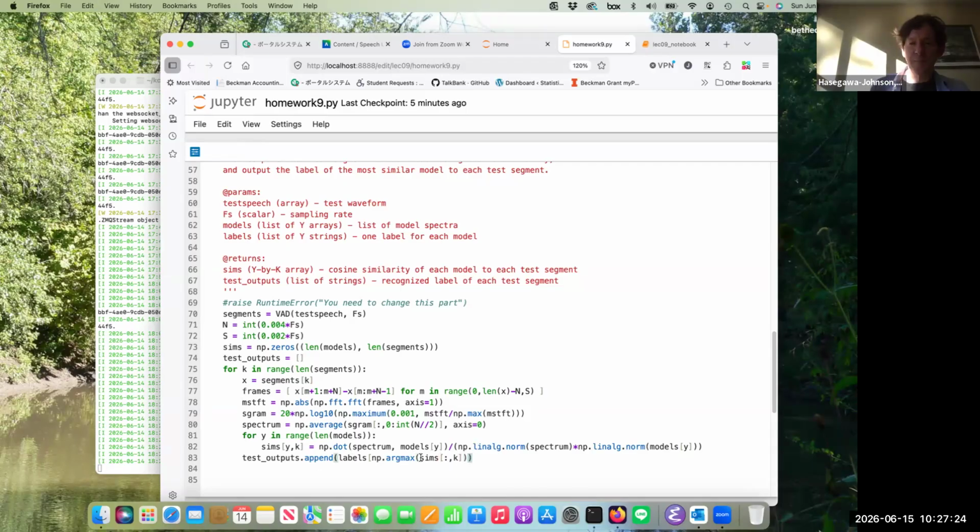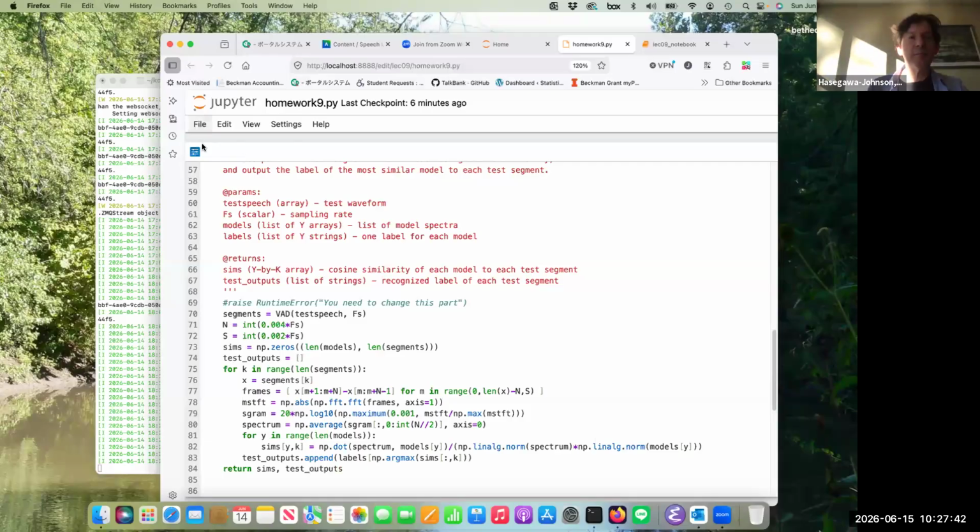So I've got the set of cosine similarities for the kth test segment. I want to take the argmax over that array and then use that in order to look up the label. Then I want to return the sims and the test set outputs.